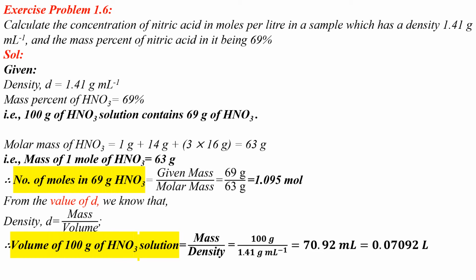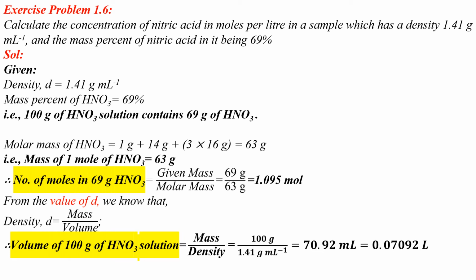So, in the first step, we must find out the number of moles of solute, that is nitric acid, present in the solution. In the question, they have given the mass percent of nitric acid in the solution. It is equal to 69%. What do you mean by mass percent of nitric acid? It is equal to mass of nitric acid in grams divided by mass of the solution of nitric acid in grams.